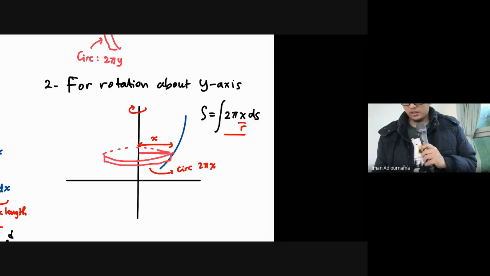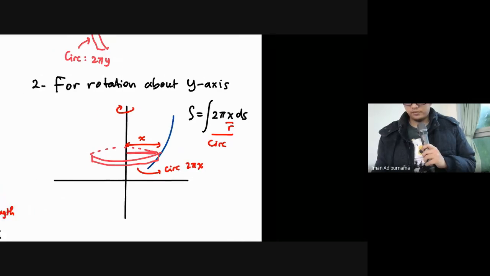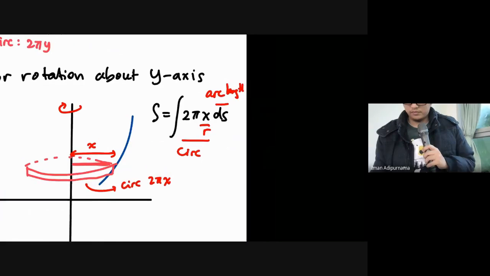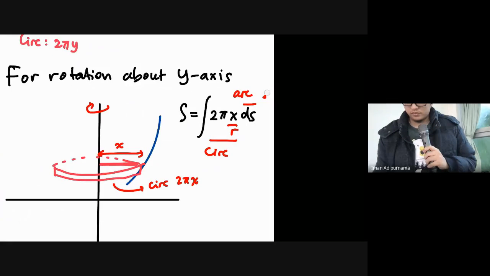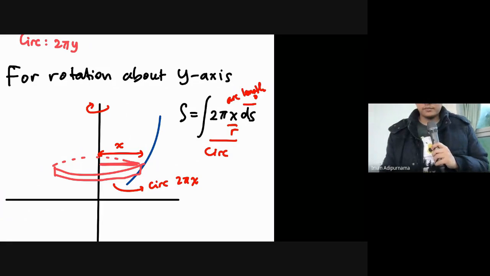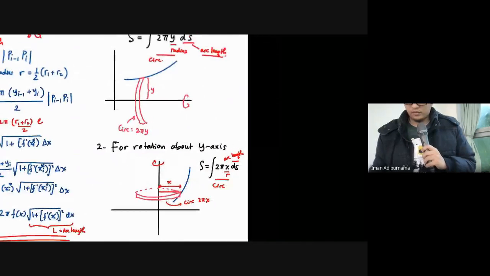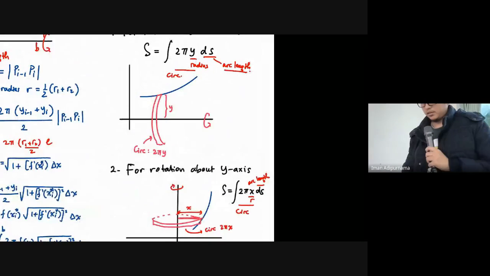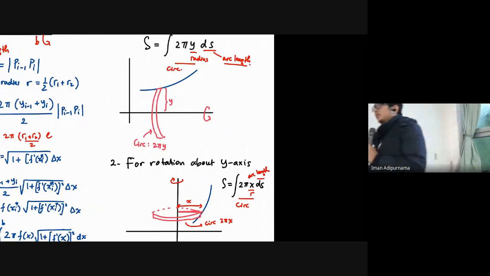So this is the radius, this is the circumference, this is the arc length. So that's this summary of how you are using the formula.